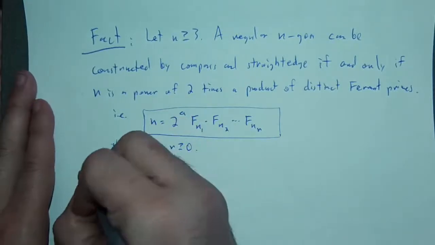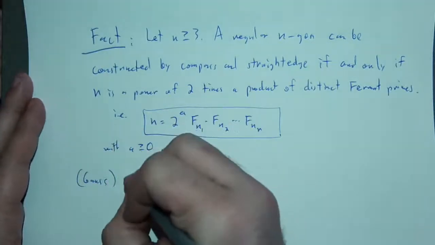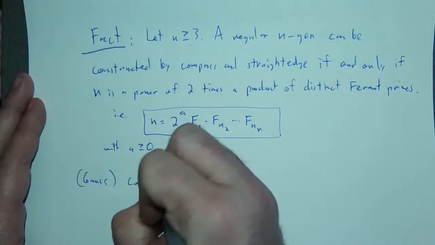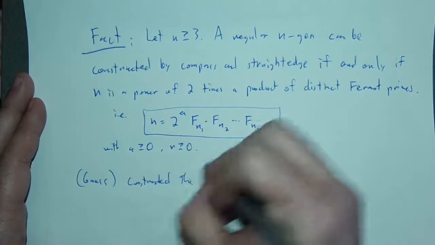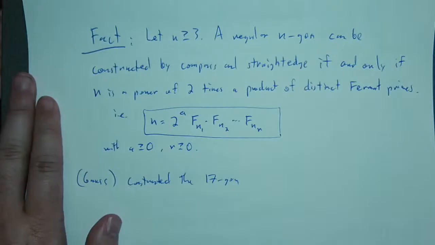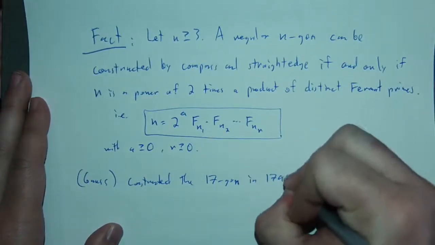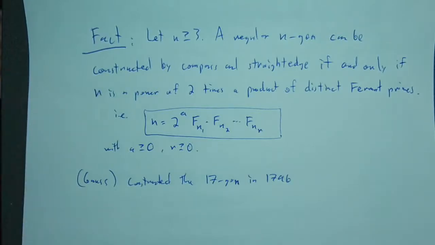So Gauss, when he was 19, Gauss constructed the 17-gon, and this was like 1796. So way after this was being considered by the Greeks.